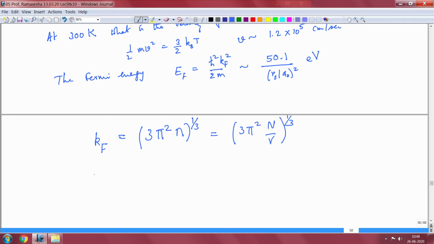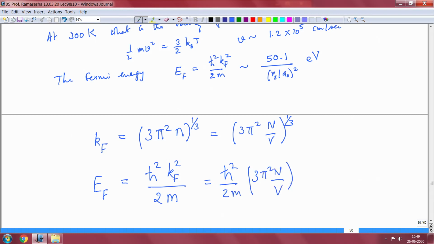So, I have Ef is equal to h cross squared Kf squared by 2m, and that is equal to h cross squared by 2m into 3 pi squared n by V to the power 2 by 3.